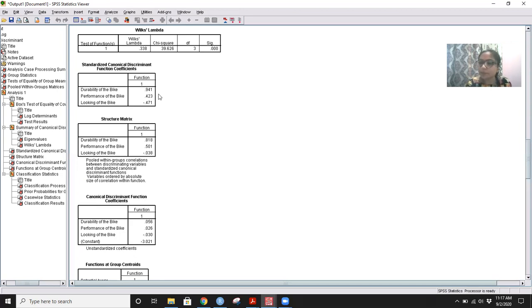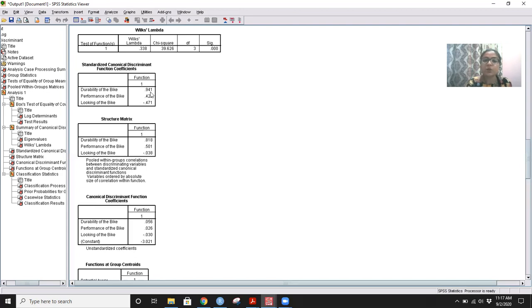So how to interpret it? The coefficients with a higher size reflect that that particular independent variable has greater discriminating ability. Likewise, we have the highest at durability, then 0.423 at performance, and 0.471 at looking. You have to take absolute values.